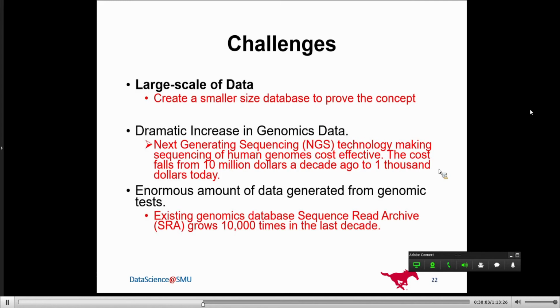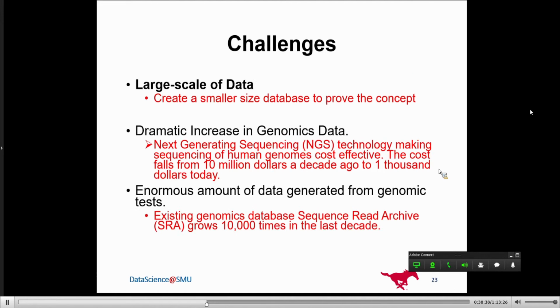There are a few challenges. The first one is that biological data is usually extremely large scale. So our solution is we just create a smaller size database to prove the concept. Here's the dramatic increase in genomic data in the past decade. NGS technology allowed the cost of sequencing one human genome to be reduced from $10 million to $1,000 today.